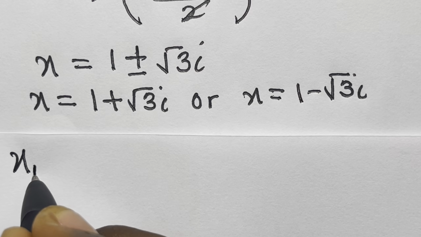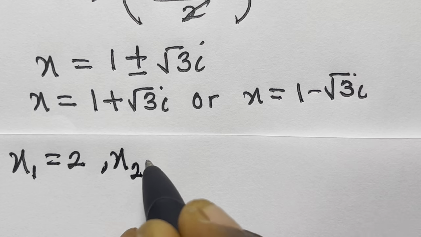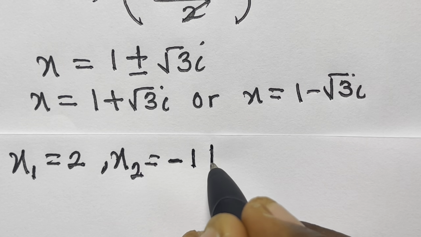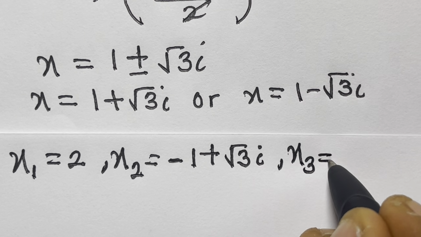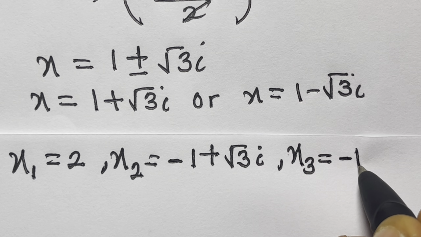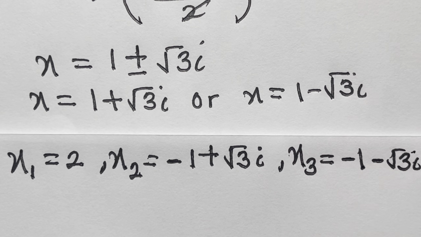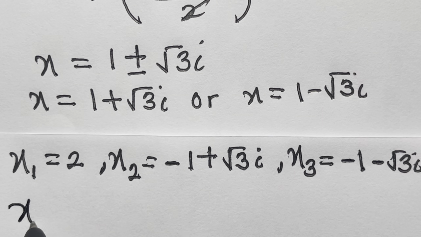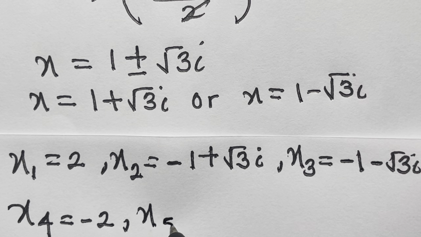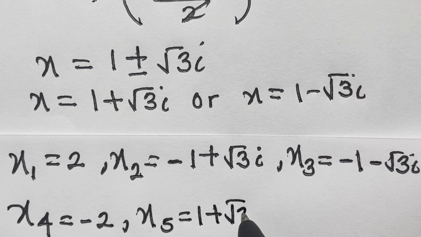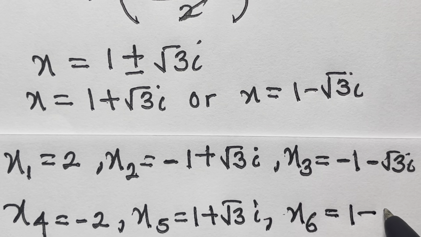So the first we have x1 equals 2, and x2, the second solution we got, was minus 1 plus square root of 3i, and our x3, the third solution we got, minus 1 minus root 3i, and our x4 equals minus 2, x5 equals 1 plus root 3i, and x6 equals 1 minus root 3i.